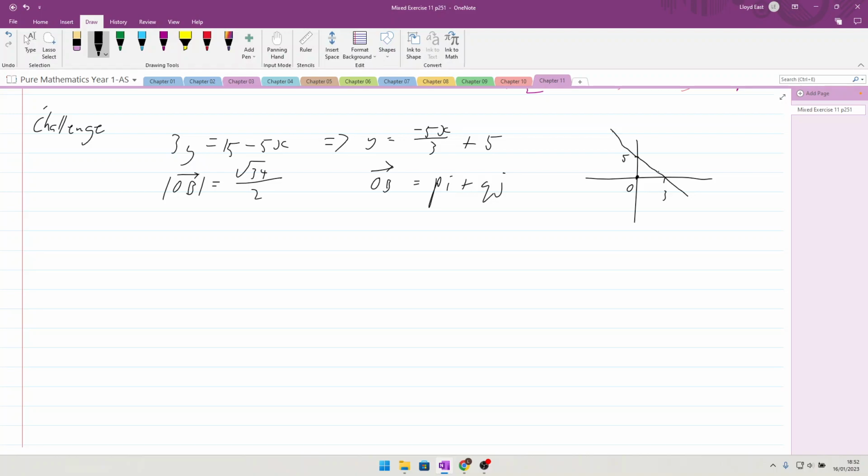So we ultimately have a triangle on here which gives us a magnitude of root 34 over 2. Okay, root 34 over 2 is approximately 2.9.